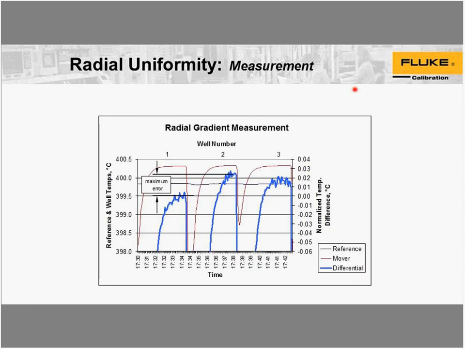Here at Fluke, we've standardized testing uniformity with a four-hole insert. The 4 holes are all exactly the same size. They all fit the probes that are involved. So as we go from well to well, we've got one fixed in the reference hole, so we're measuring 3 of the holes.